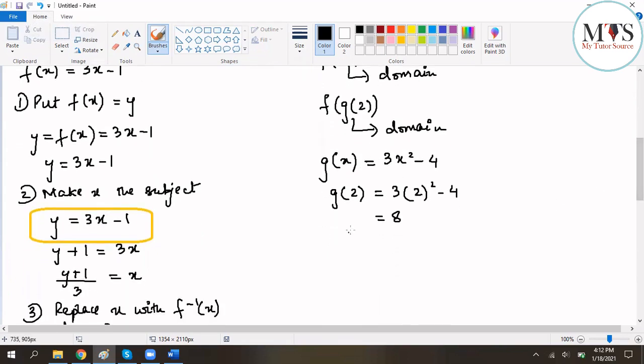Now, what we do is we make 8 the domain of the f function. So f of 8 would equal 3 times 8 minus 1, which is 24 minus 1, that's 23. So basically, this is your value of f of g of 2. Any questions about this? No.